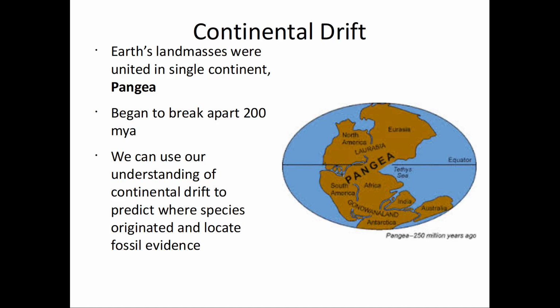So we can use this understanding to predict where species originated and locate fossil evidence. So it happens to be that we can find related fossils in different parts of the world that really only make sense once you realize that South America and Africa touched, and that Great Britain would have been sort of near the east coast of North America, and India was near Antarctica and that sort of thing.